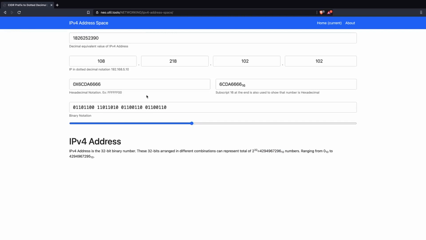If you take this random IP, what is this notation? This is the decimal equivalent. If I need to read this, I need to pause a couple of seconds to get what this whole big number is. Do you understand?